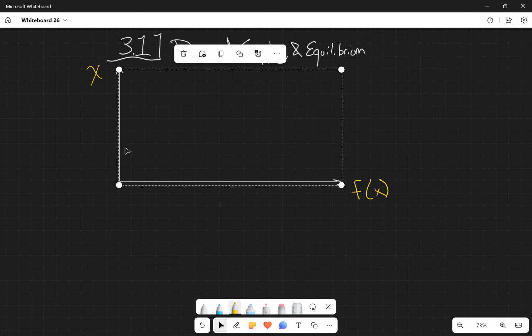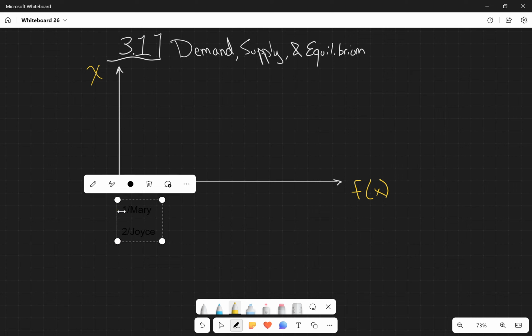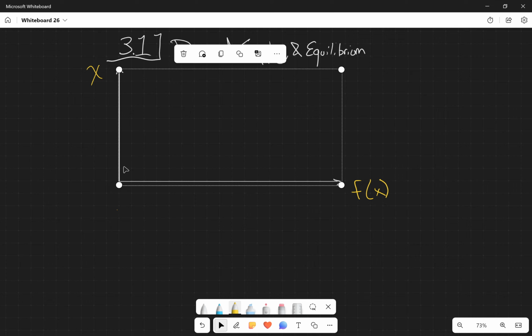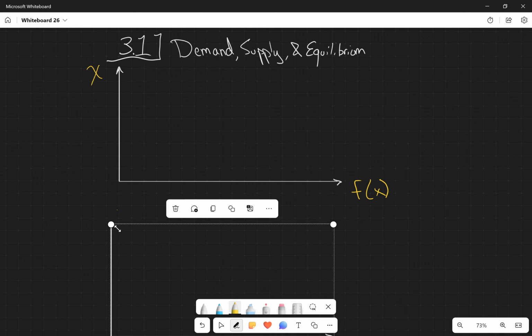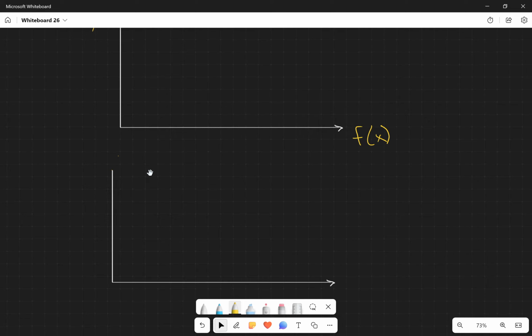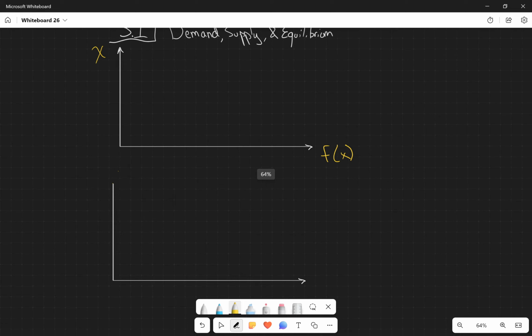So let's go ahead and copy this, paste it. So now we know that the independent variable, right, what is normally the x, is going to be on the y-axis.